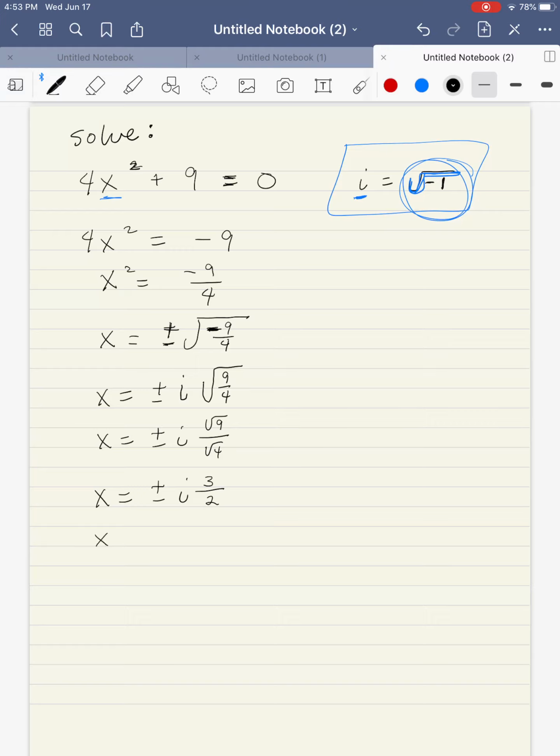And you normally write a number in front of the i if you have a number. And we have two different numbers here. We have -3/2 i, and we also have +3/2 i. So our two solutions here are -3/2 i and +3/2 i.